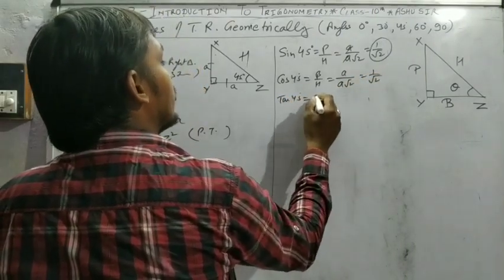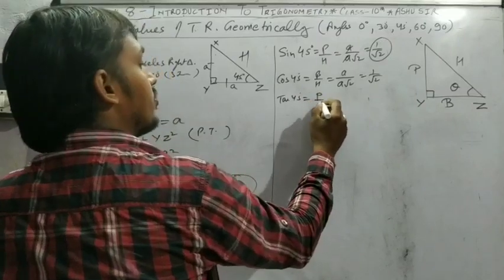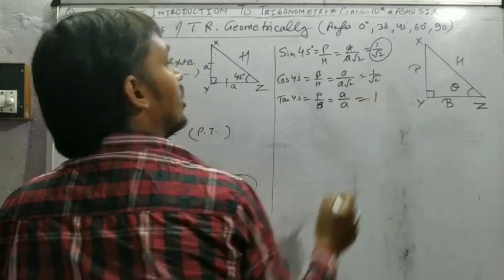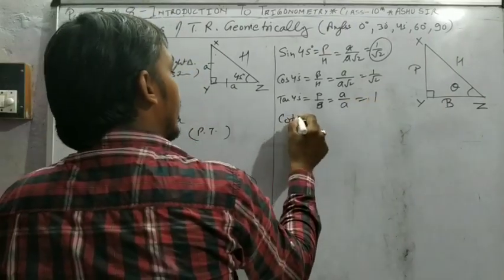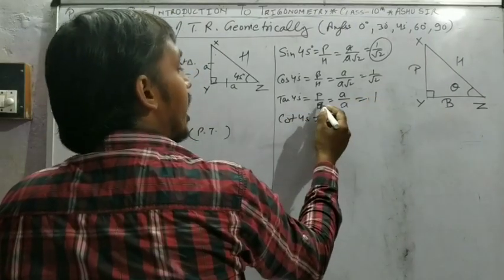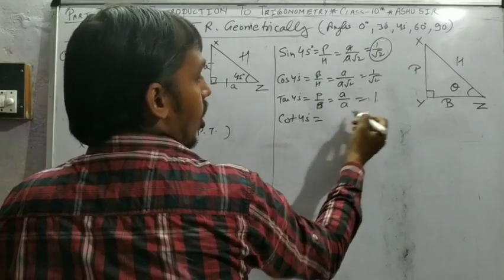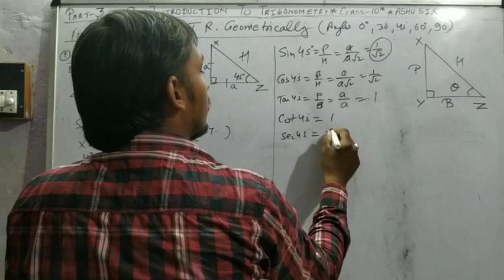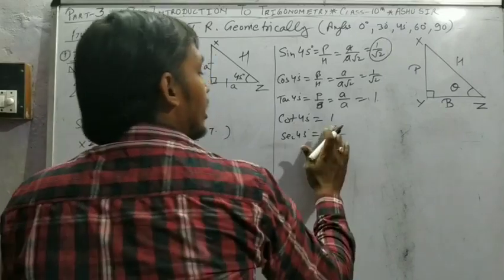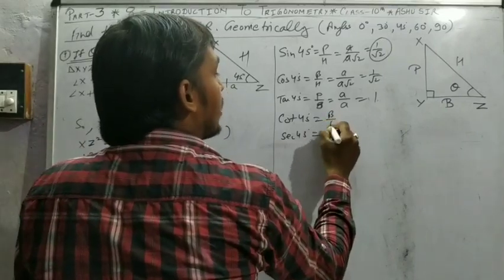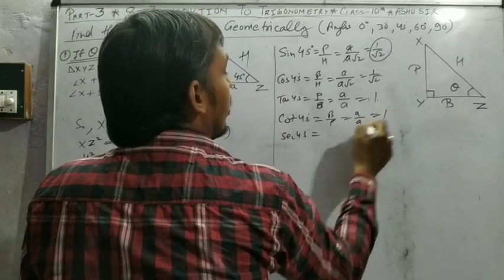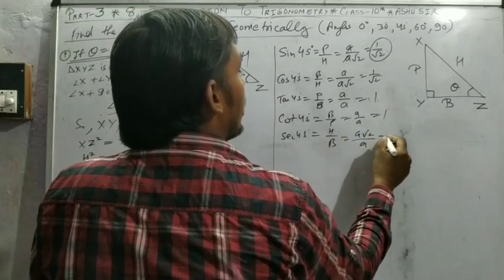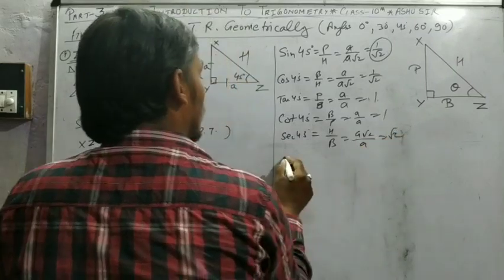Tan 45, p by b, a by a, 1. Okay. Same for cot 45. Either you find this or the reciprocal of this. Sec 45 is h by b, a root 2 by a, that is root 2.